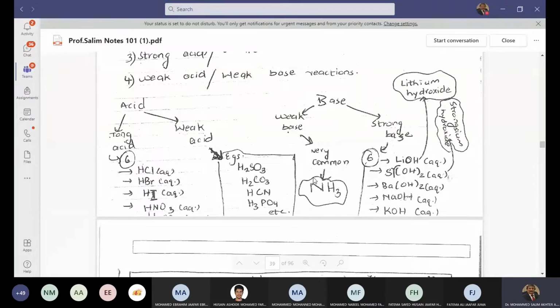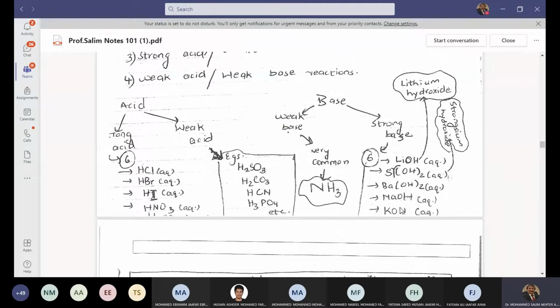Similarly, for bases, you have strong base and weak base. There are 6 strong bases. What are those 6 strong bases? Lithium hydroxide, sodium hydroxide, potassium hydroxide from group 1.